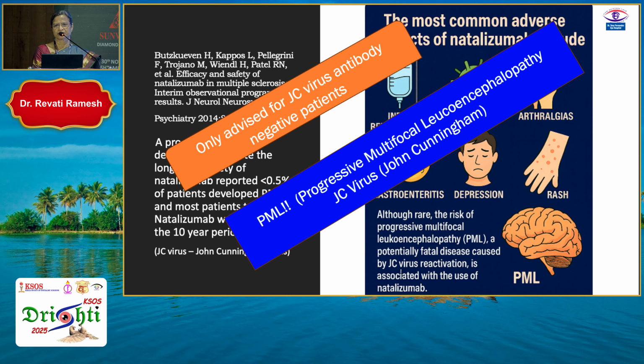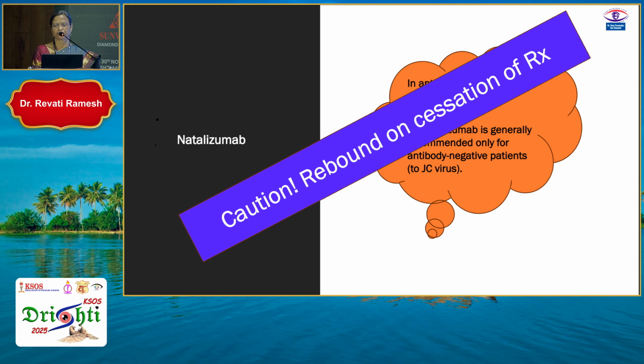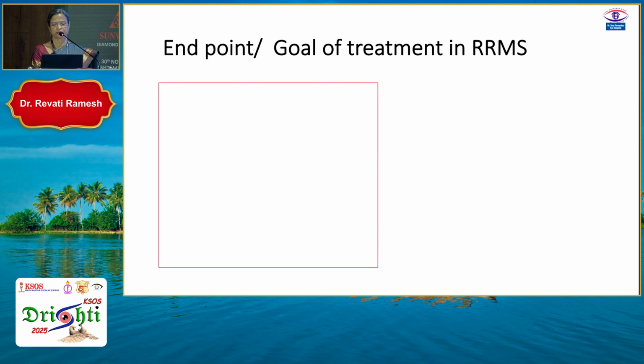In these patients, the fear of PML is much less. However, there is another problem with natalizumab. There is a rebound on premature cessation of treatment. The endpoint in treatment of relapsing multiple sclerosis is NEDA, that is no evidence of disease activity.